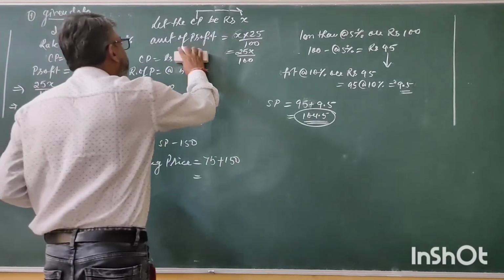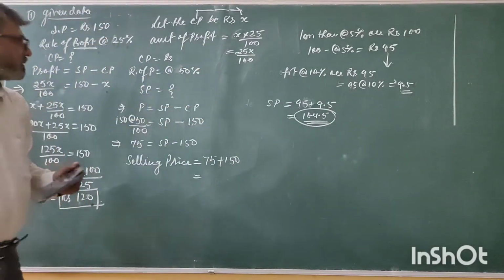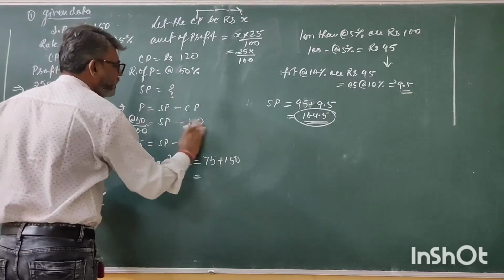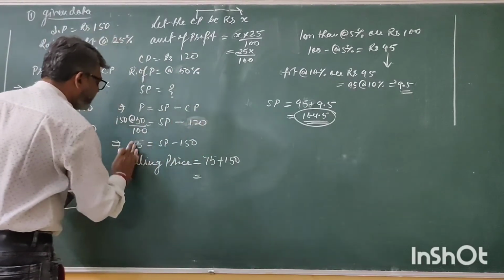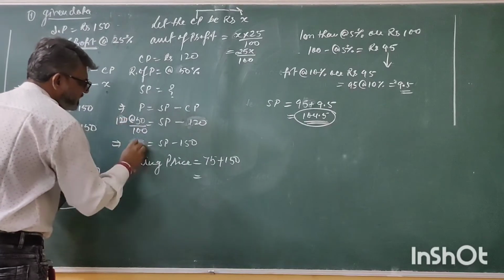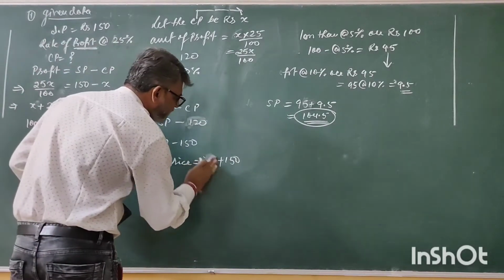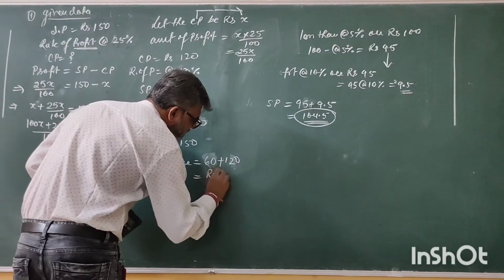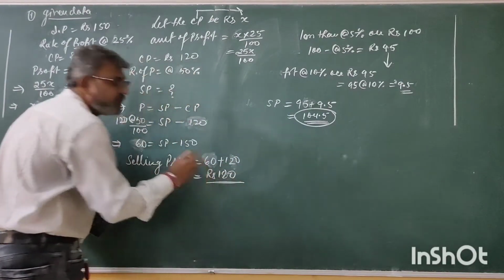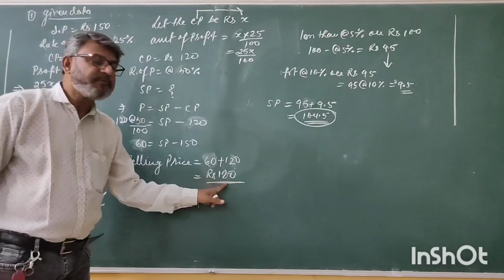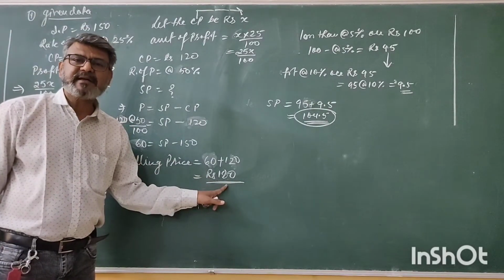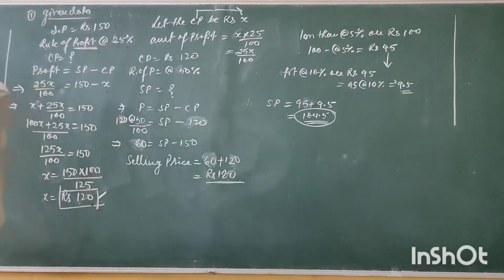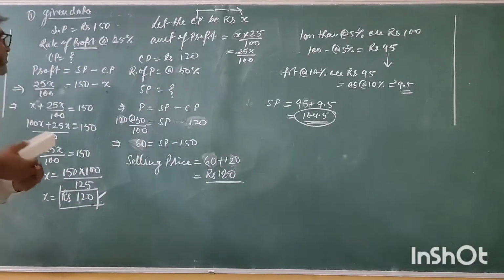You have the cost price 120. Now 120, 50%, say 60. Now 60 plus 120, therefore rupees 180. If the goods are sold for rupees 180, you have taken the profit 50% on CP. Is it clear? चलिए नेक्स्ट क्वेश्चन हम सॉल्व करते हैं.